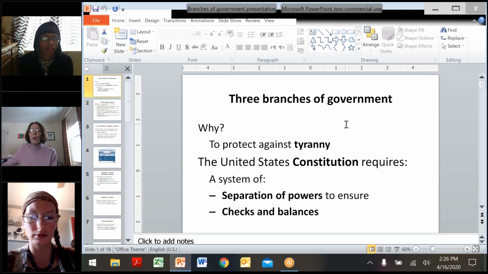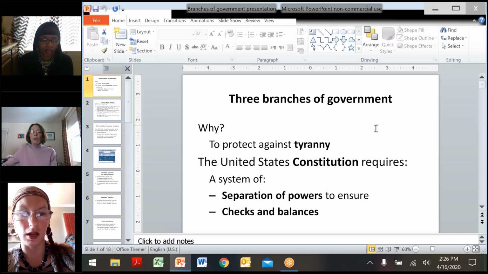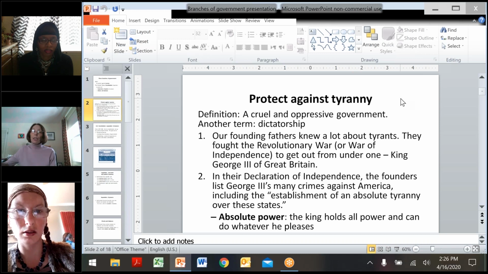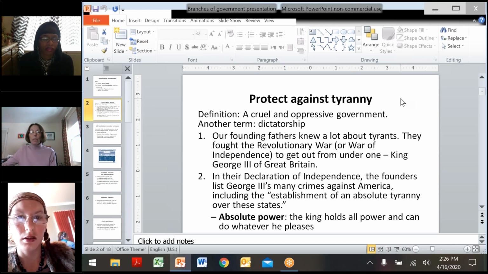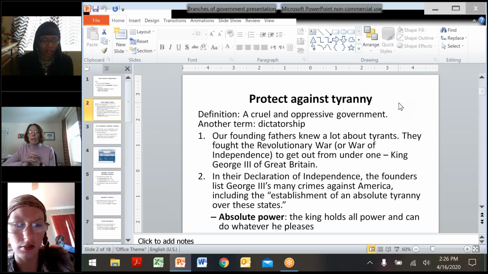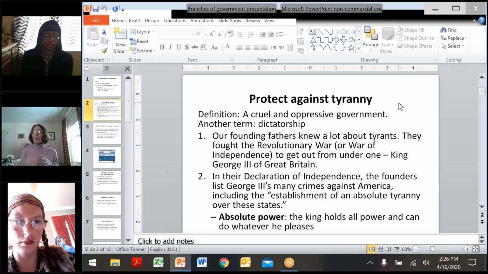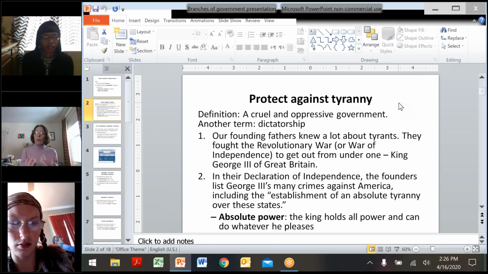There are three branches of government, and the whole purpose was to protect against tyranny. And the United States Constitution requires a system of separation of powers to ensure checks and balances. And tyranny is basically a cruel and oppressive government. Another term is dictatorship, which is basically a synonym of tyranny. And like we were talking about before, our founding fathers, the whole point was to get away from Great Britain because they considered King George a tyrant.